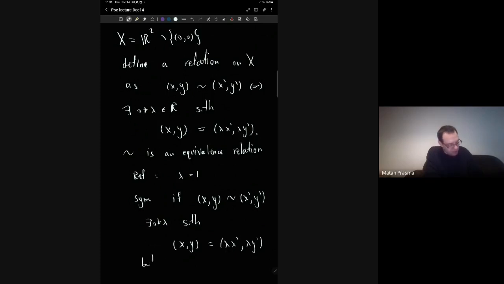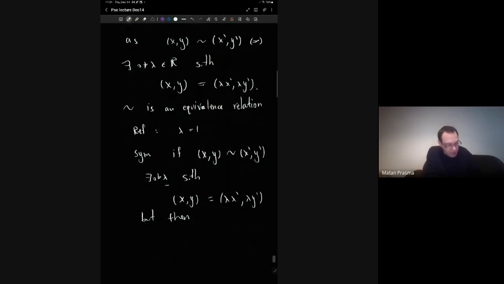But then, since lambda is a non-zero scalar, I can invert it, and I get that x prime y prime is equal to 1 over lambda x, 1 over lambda y. So x prime y prime is equivalent to xy.